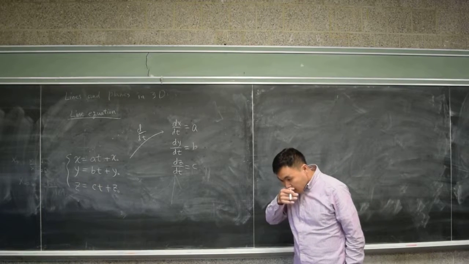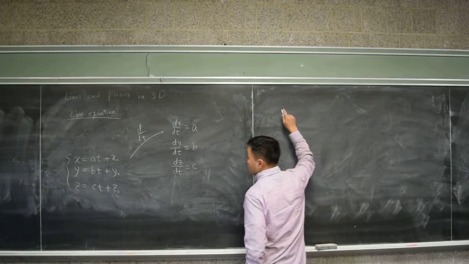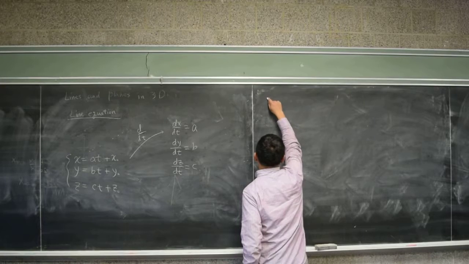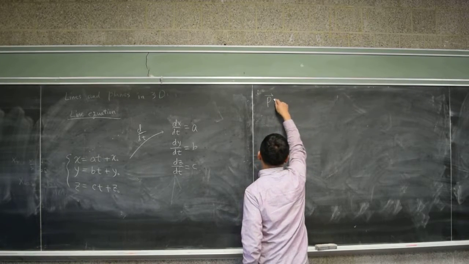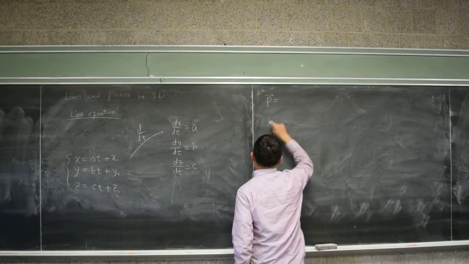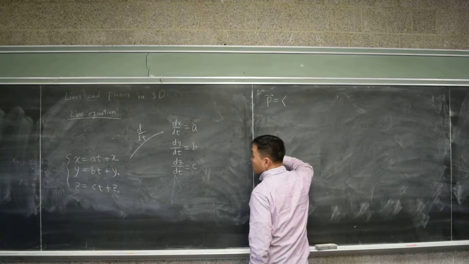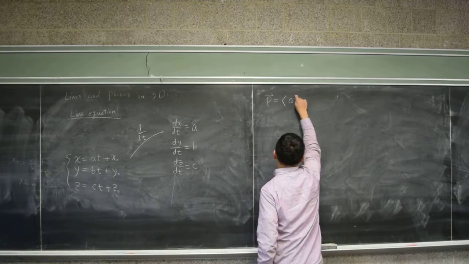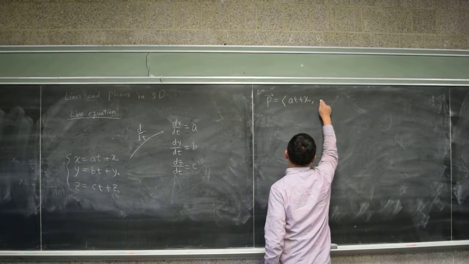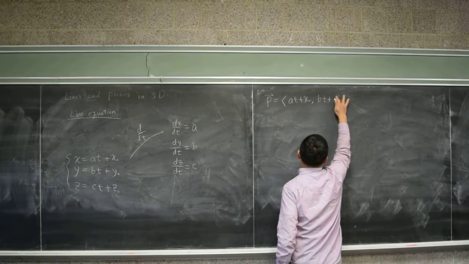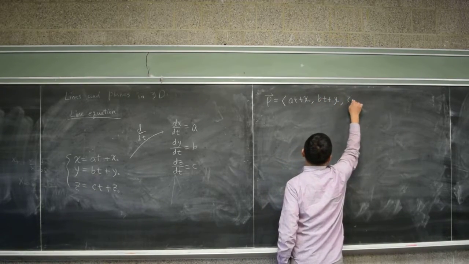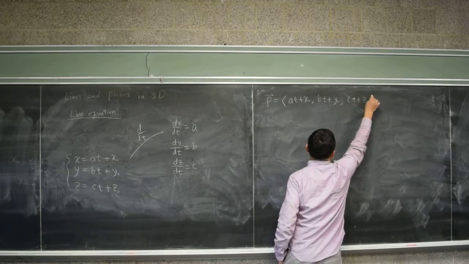So there is something called the position vector, the P vector. We're trying to say the position of the moving particle is at plus x naught, bt plus y naught, ct plus z naught.